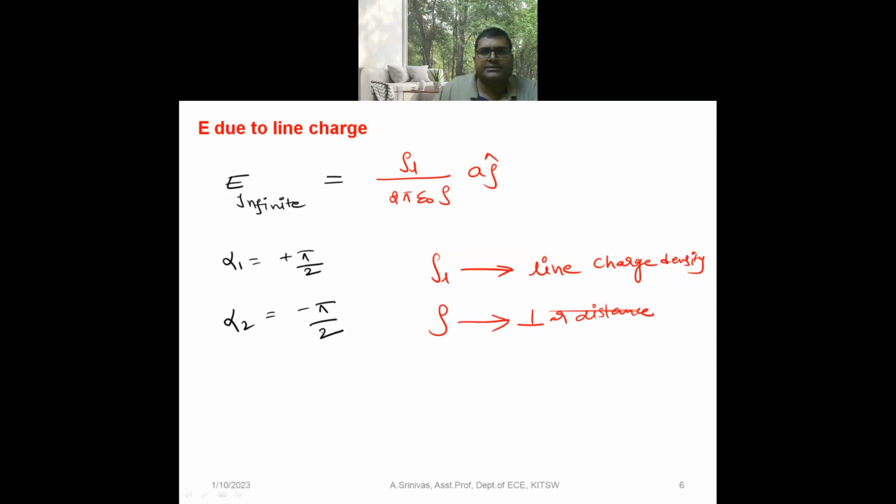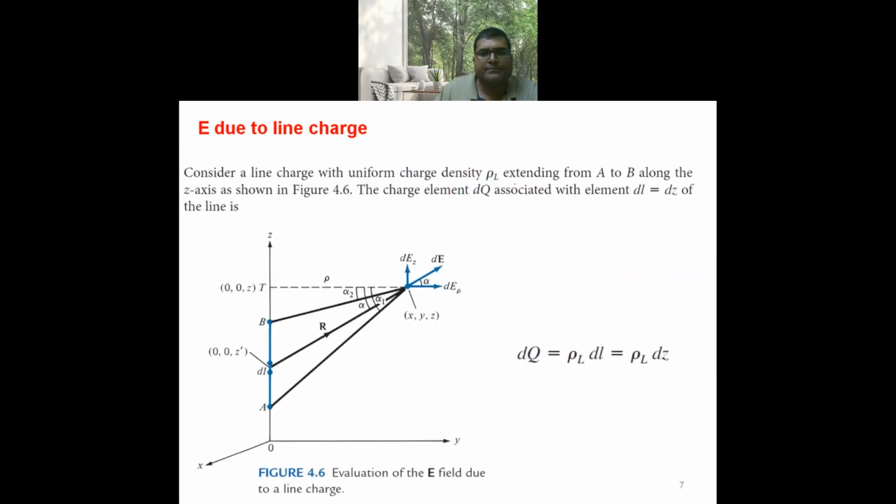Refer to the equation for electric field intensity due to infinite line charge, and once again refer to the printed material. It is a position of 0, 0, z dash. At this point we are supposed to calculate the electric field, and in this direction the position vector is rho, once again alpha 2 and alpha 1.